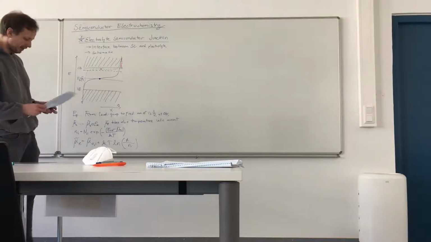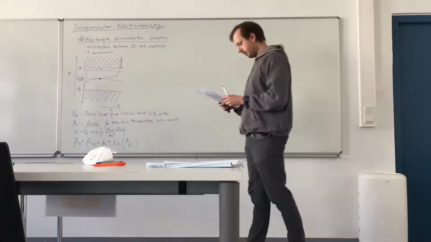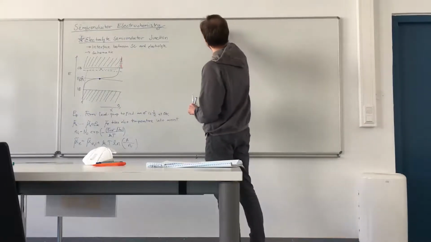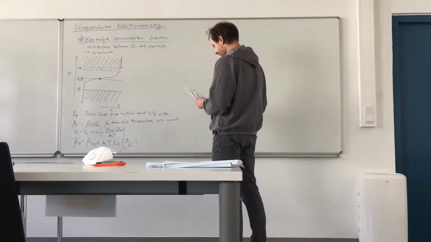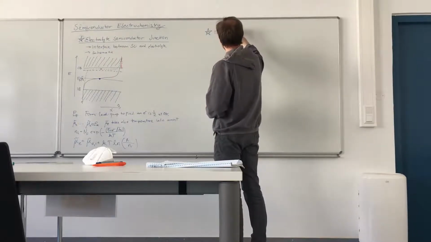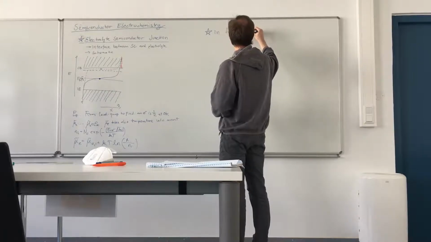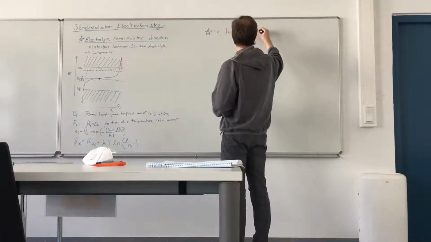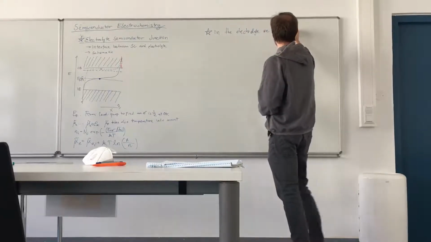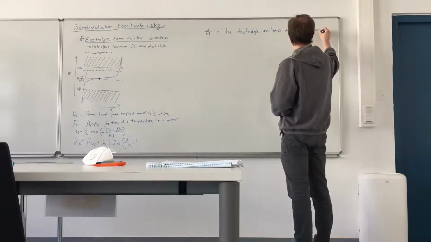So now we have covered the semiconductor. Now let's move to the electrolyte. In the electrolyte we have a redox couple.